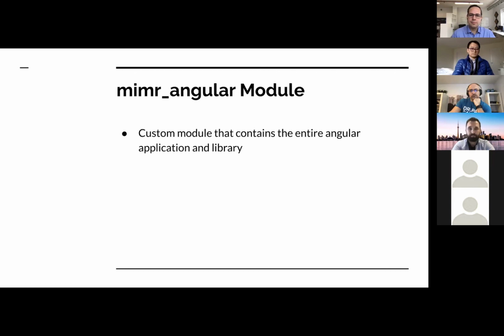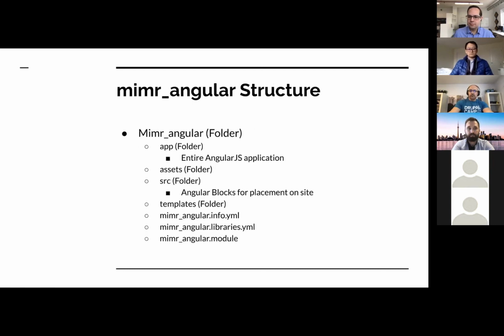So we've made the Mimer Angular module, which is just a custom module that contains the entire application and library. To start us off, I'm just going to break down what this structure is. It is your typical custom module where we have a folder called Mimer Angular. Within that, we have an app folder, which is the actual AngularJS application itself.